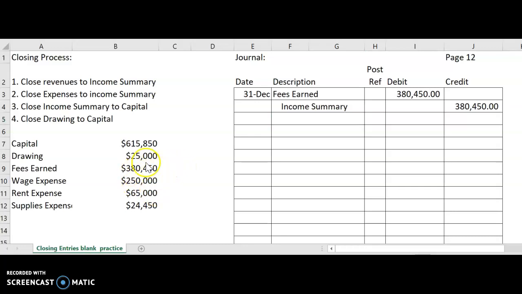And since I will credit these to close them, and I'm closing them to income summary, my debit will be to income summary. So it will be for the total, so I need to go ahead and do all of my credits first so I can get the total for the income summary.